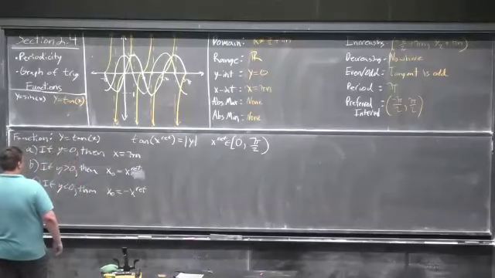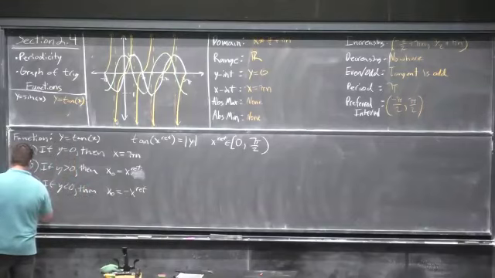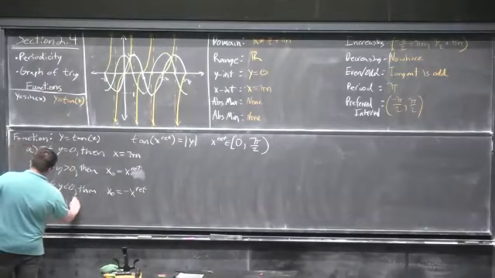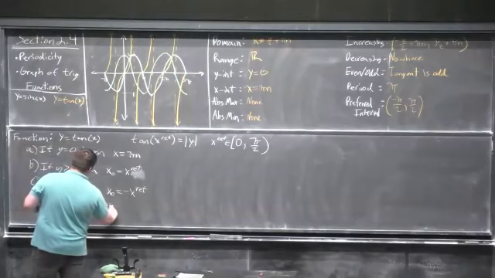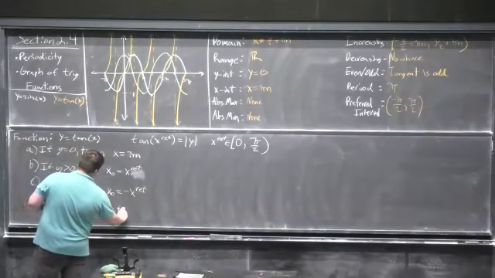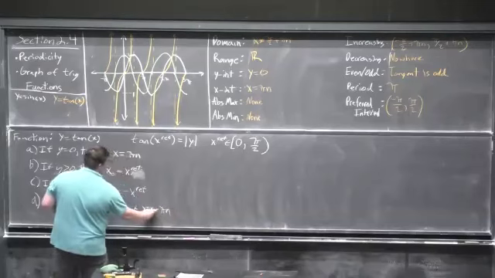So what does this leave us? This leaves us that D, all solutions in the form of x equals x naught plus pi n.